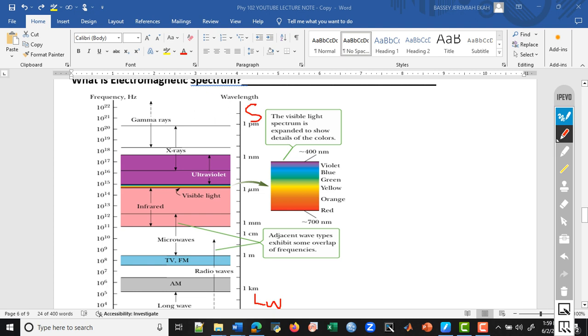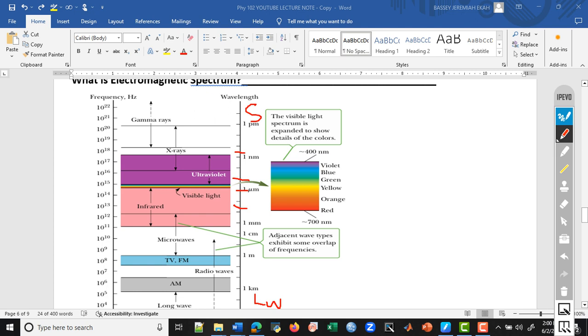If you compare the wavelength of X-ray and that of the ultraviolet ray, the UV ray has a longer wavelength. The visible light has a longer wavelength than the UV ray, and infrared also has a longer wavelength than visible light.